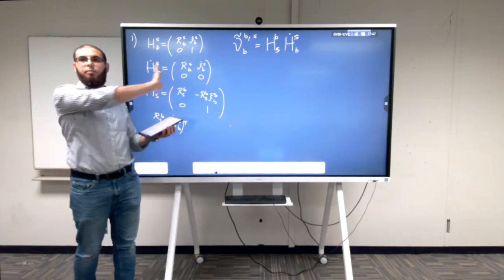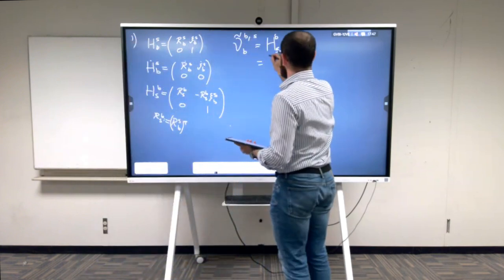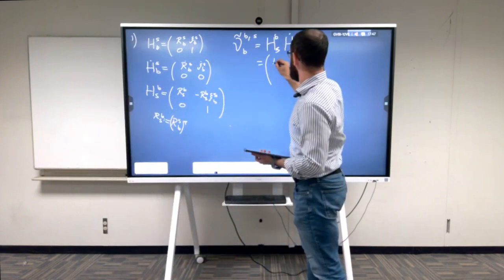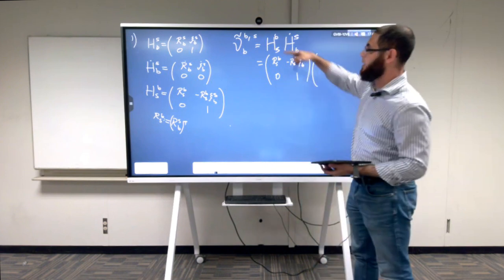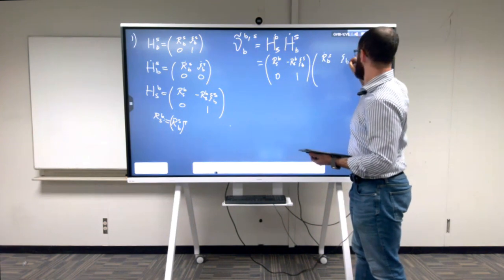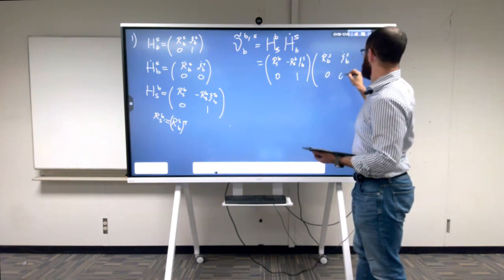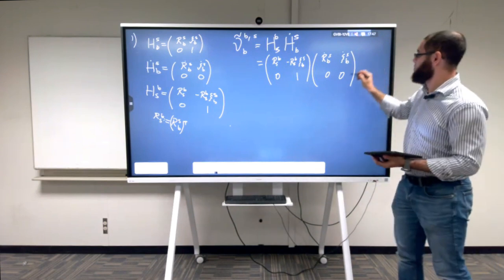Now let's plug in, again, matrix multiplication, nothing fancy. So I'm going to use this part here, R S B, minus R S B psi B S, 0, 1, multiplied by the H dot. Clear? What's the result?